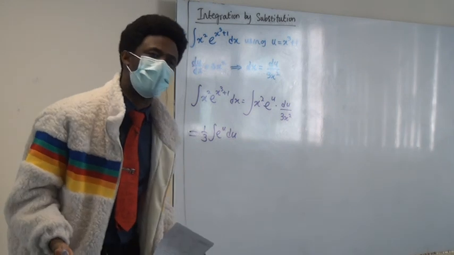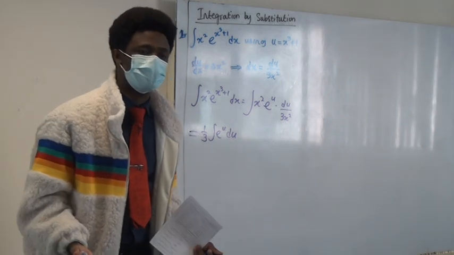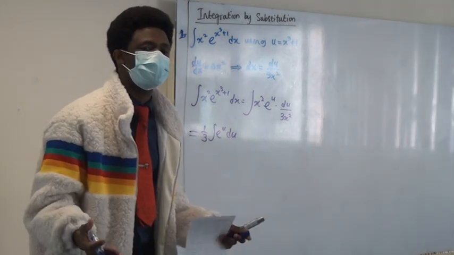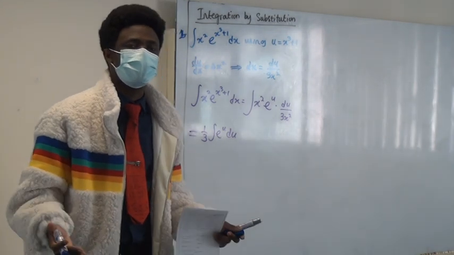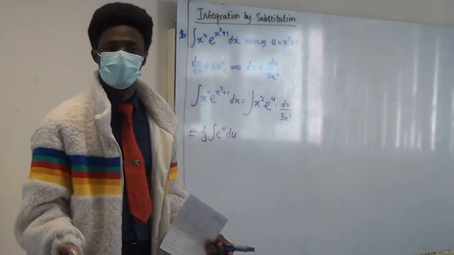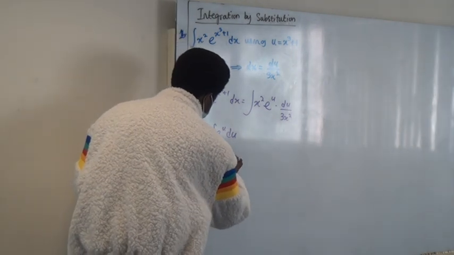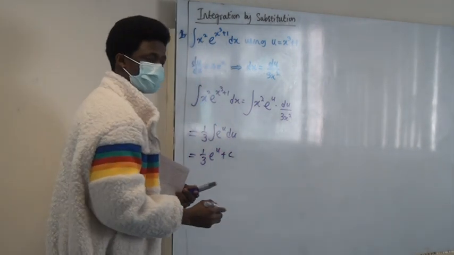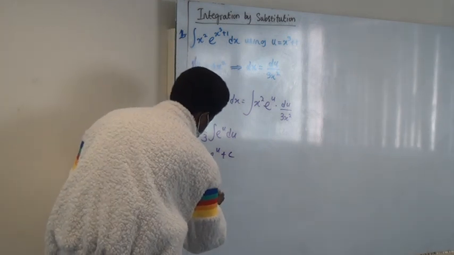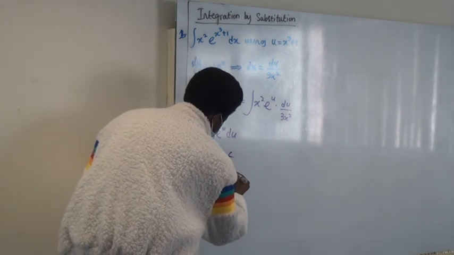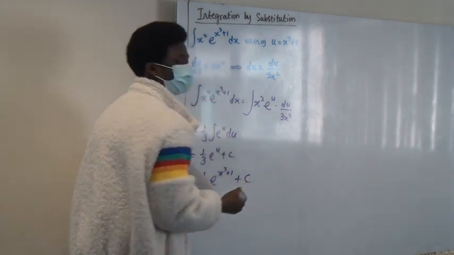Who are you? I'm exponential x. It can never change. So this is going to be 1 over 3 exponential u plus c. Can we substitute back? And that's 1 over 3 exponential x cubed plus 1 plus c.